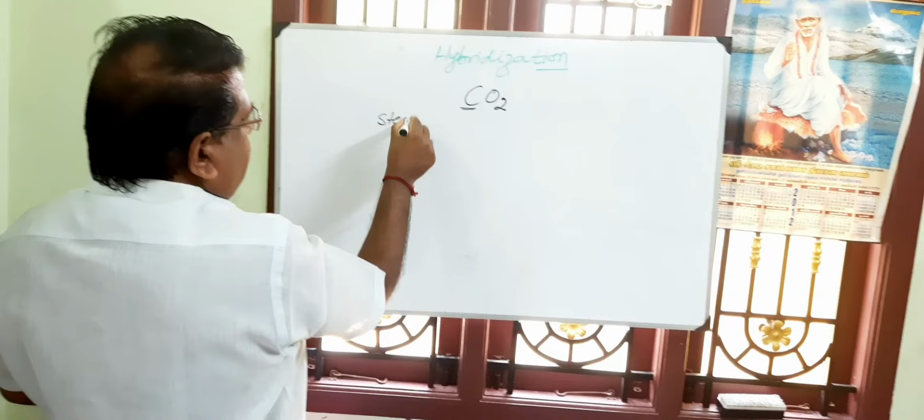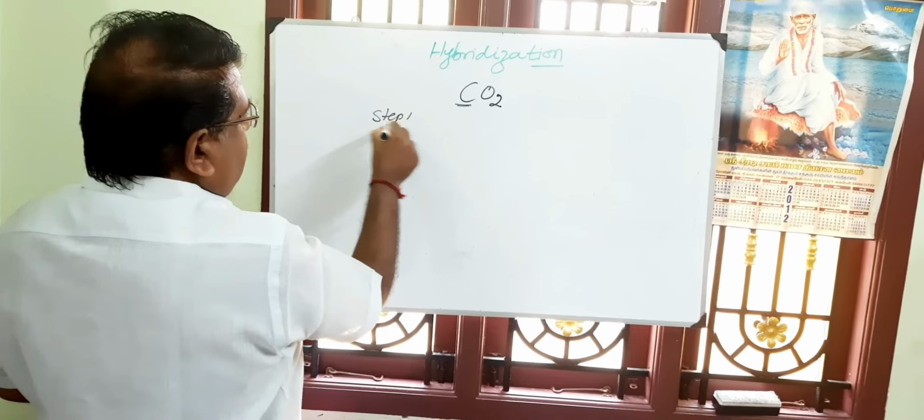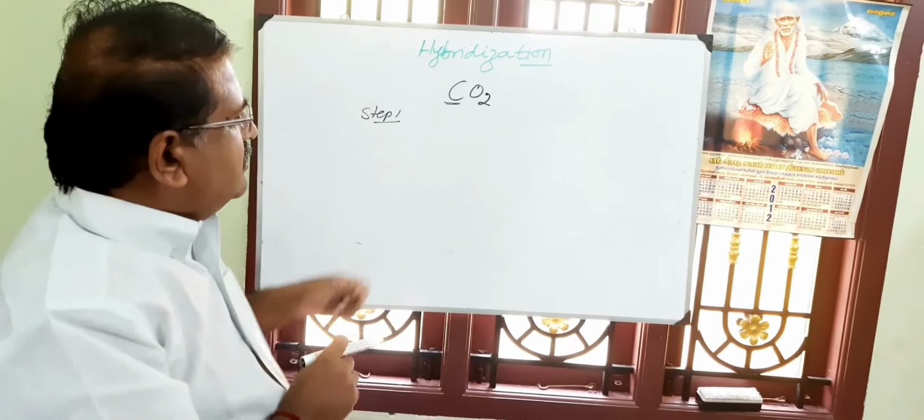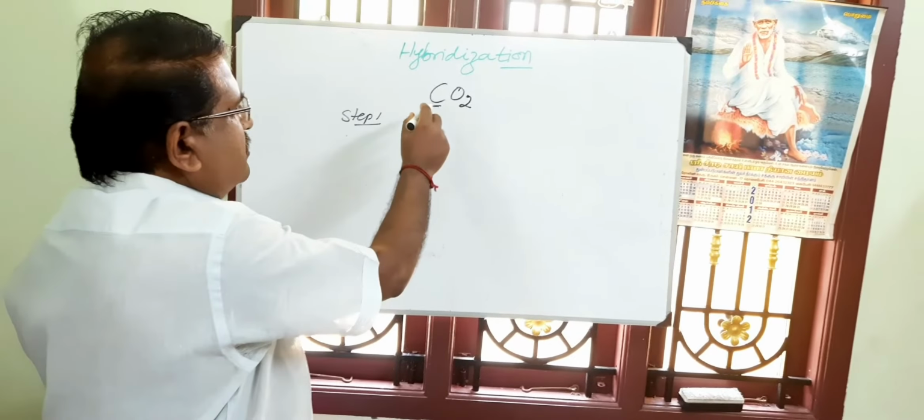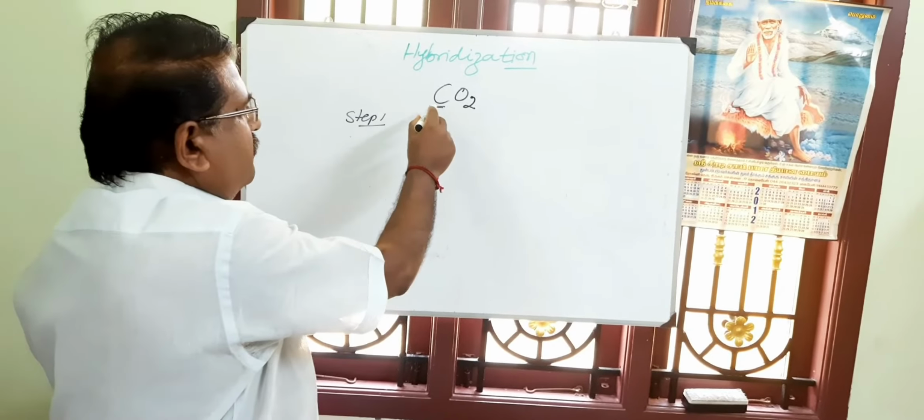In order to determine the hybridization state of carbon, the first step is to calculate the valence electrons of carbon as well as oxygen. So what are valence electrons? Valence electrons are the electrons that are present in the outermost shell of an element. Now consider carbon first.